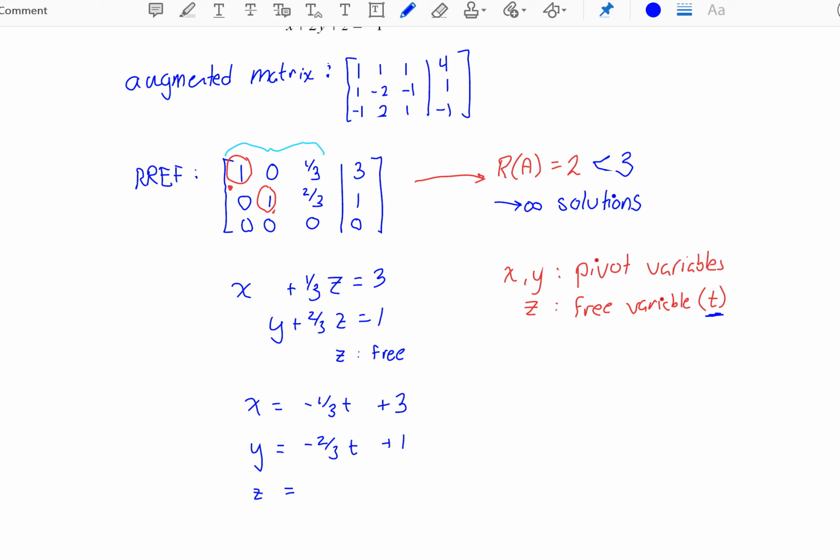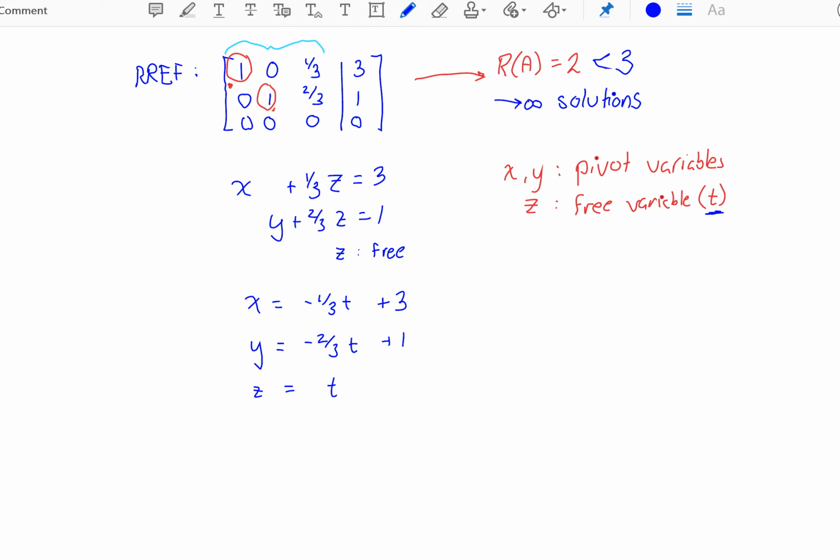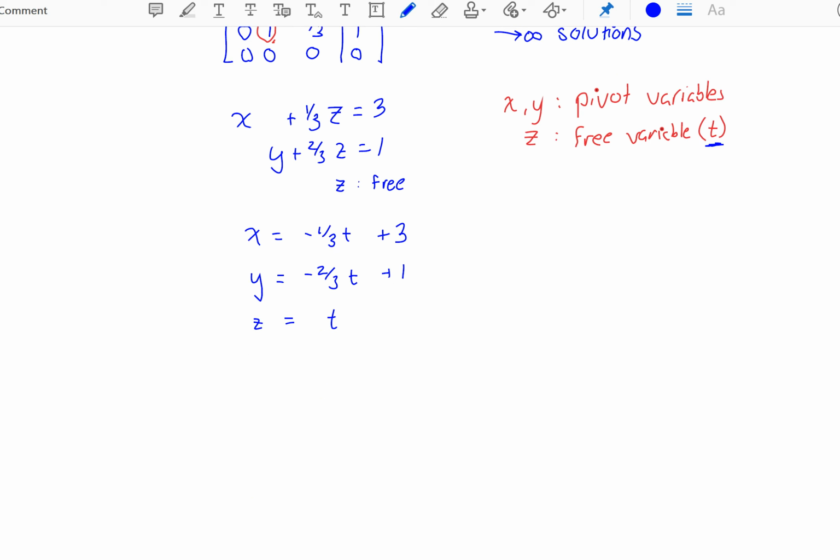Z is equal to T. Of course, I'd like you to write your answer as a matrix or as a vector equation. So let's introduce the vector x to represent the left-hand side. Now remember, this is where our homogeneous solution comes from. And then this is where our particular solution comes from.